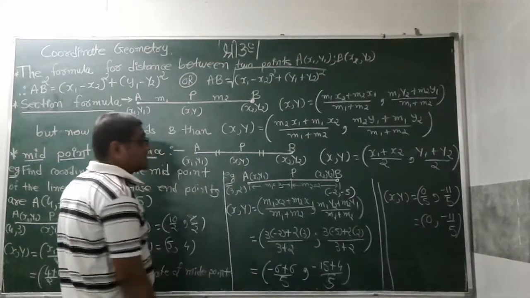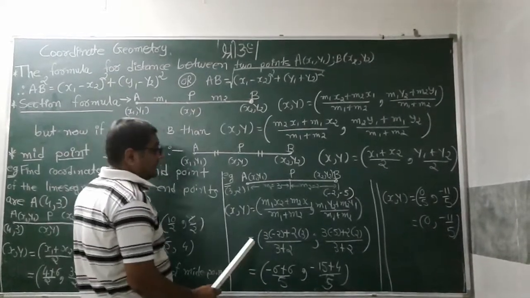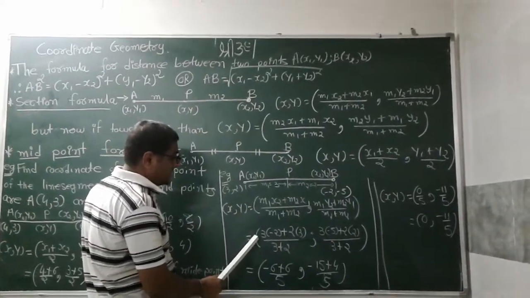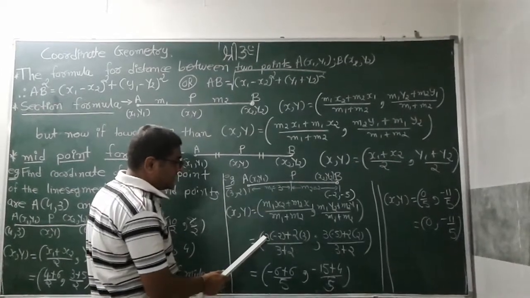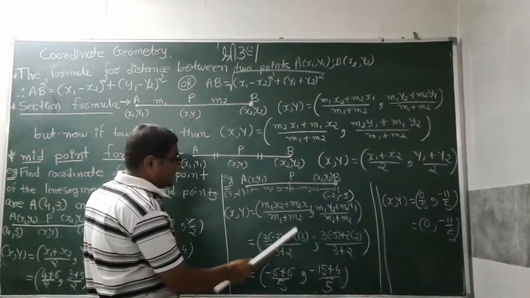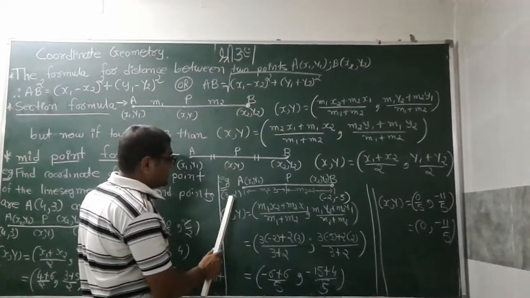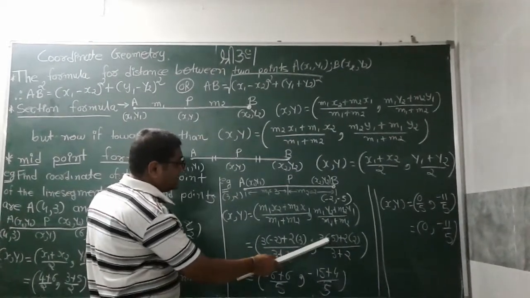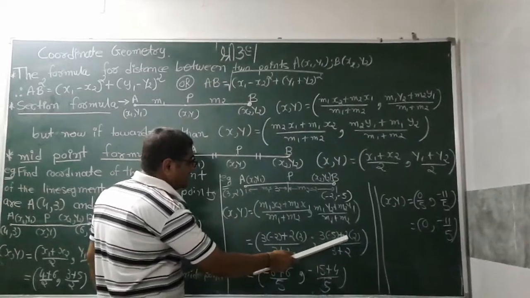According to the substitution method, we substitute the values: m1 is equal to 3, x2 is equal to -2, m2 is equal to 2 and x1 is equal to 3. In the same way, we replace the values of m1, y1, m2, y2.